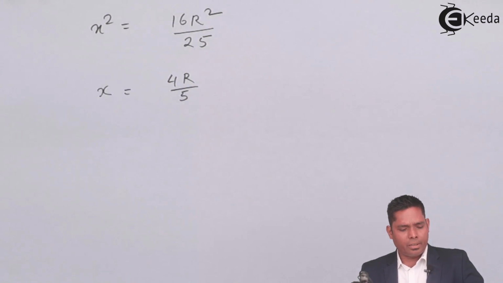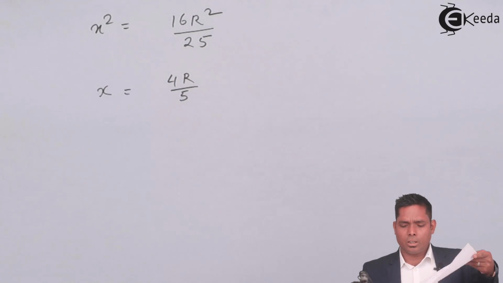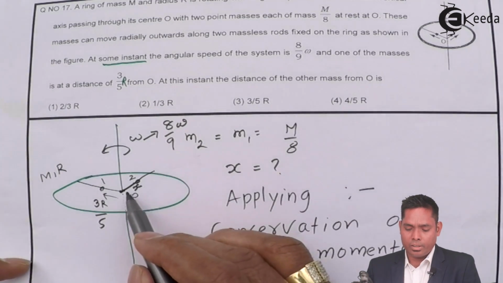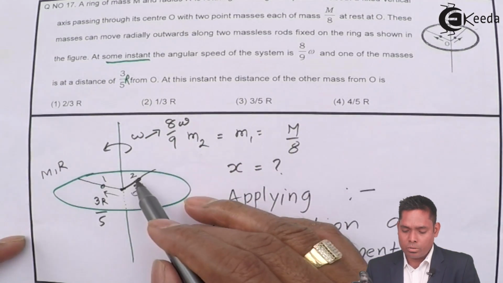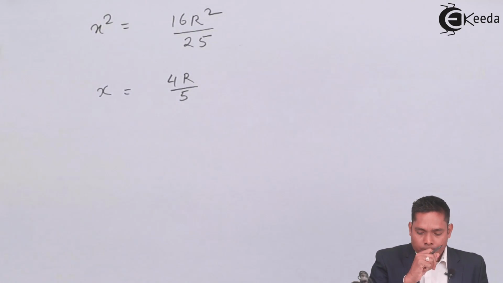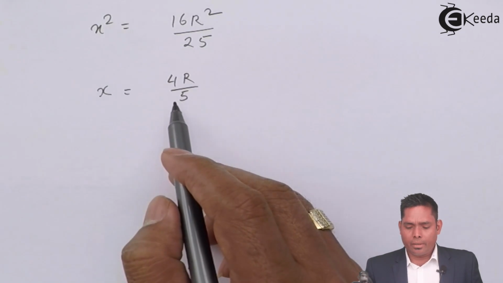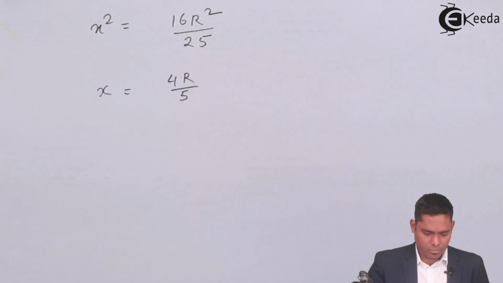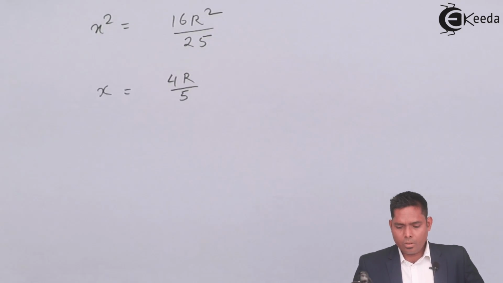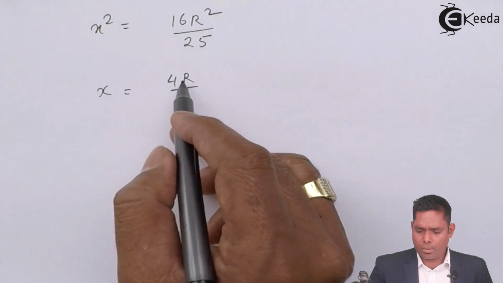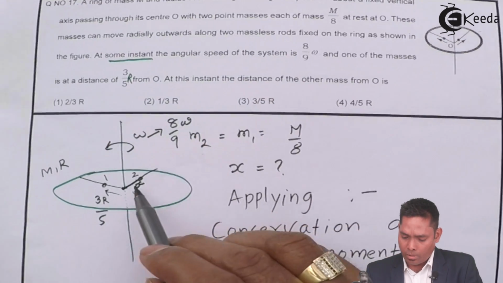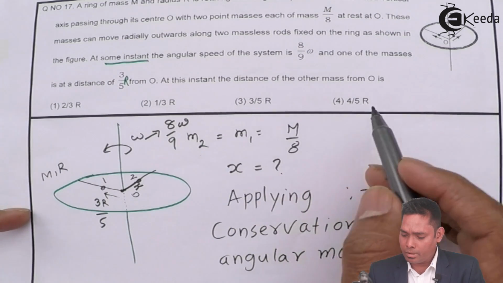So this means that if I consider the other particle, which is here at a distance x from O, at this instant the distance of the other mass from O, which is x, is found to be 4r by 5, and so this is the answer for x, which is 4 by 5 r.